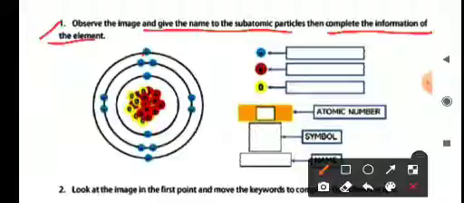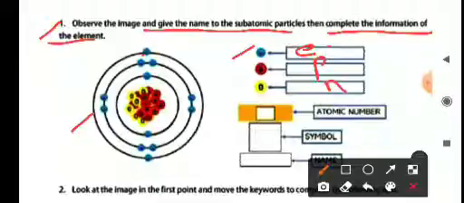In this structure, the blue dots represent the electrons, the red dots represent the protons, and the yellow-black dots represent the neutrons.